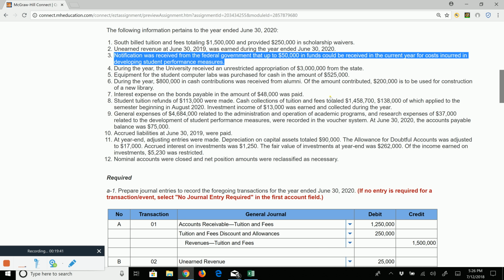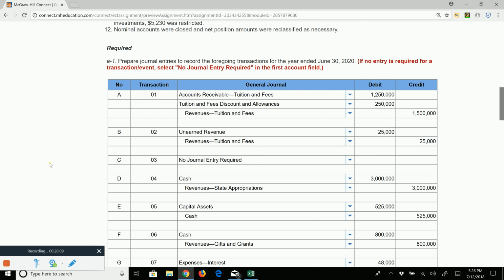Well, if you think back to your chapter when we talked about enterprise funds, whenever we receive a grant that is to be received in the future after we do something first to earn that money, we actually do not record a journal entry at the time of the grant notification. That is a little different than a private nonprofit college, and I'll show you that in a few moments. But for here, a public nonprofit, we didn't earn that money yet, so no journal entry.